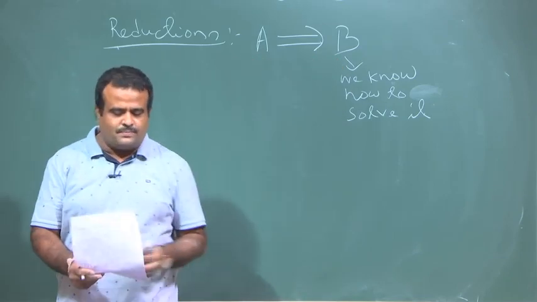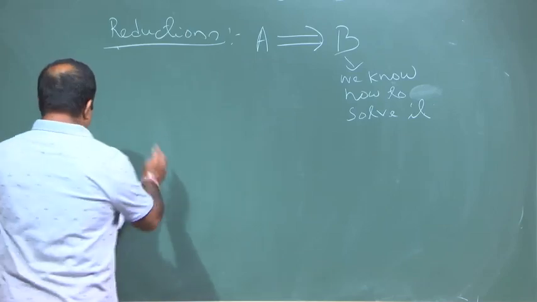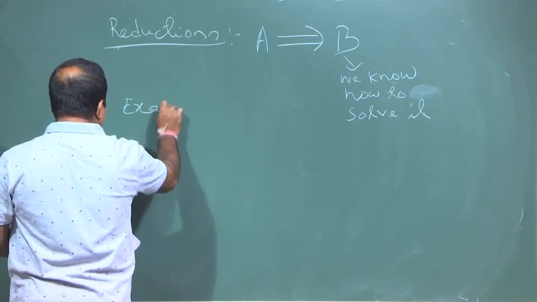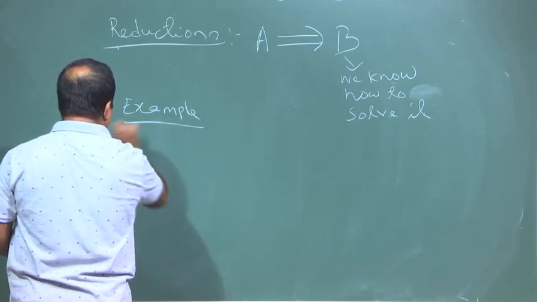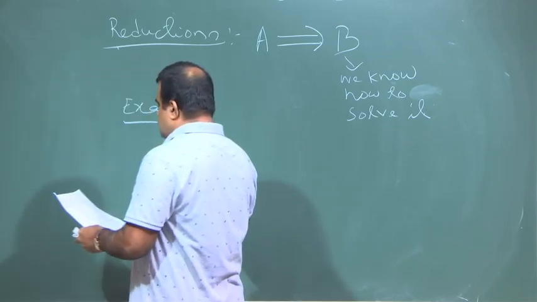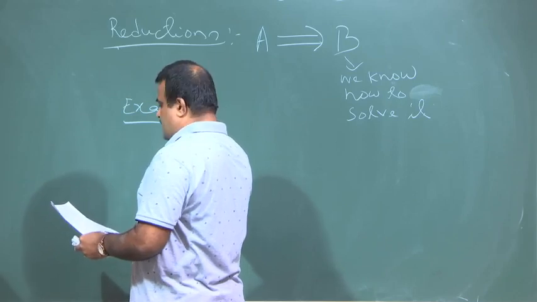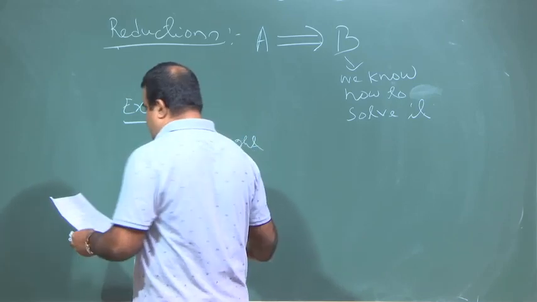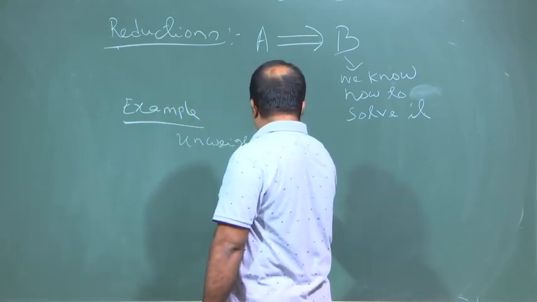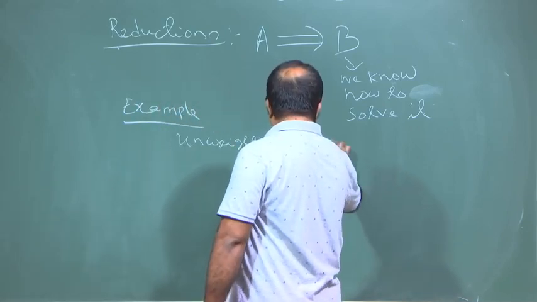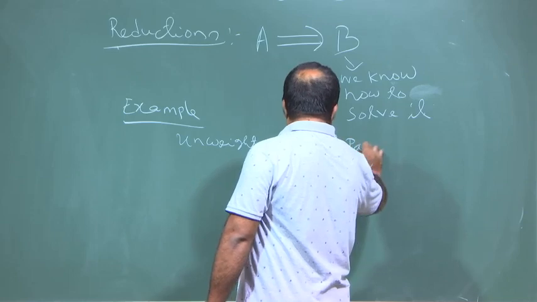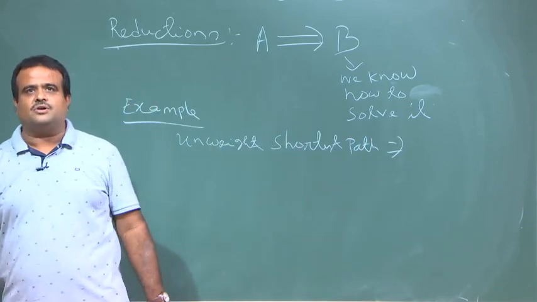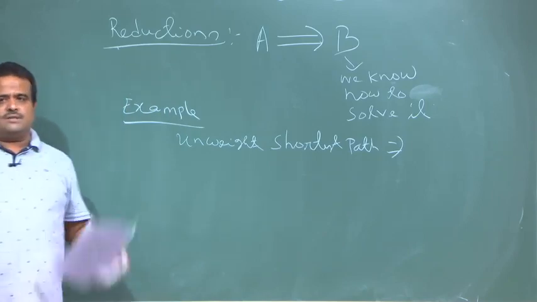For example, this is an example of reduction we have done. Suppose we have an unweighted graph shortest path problem. We have an unweighted graph, and we have to find the shortest path from one node to another node.